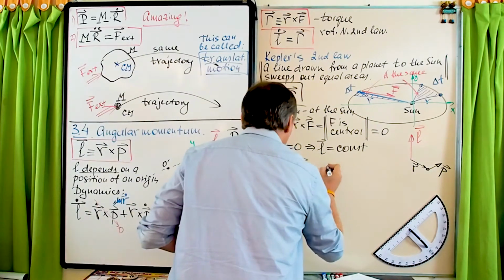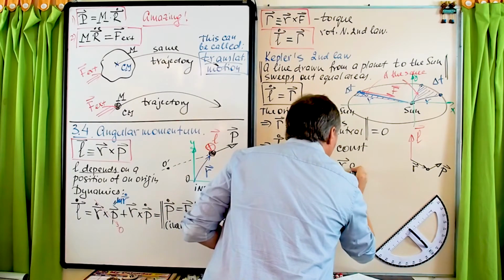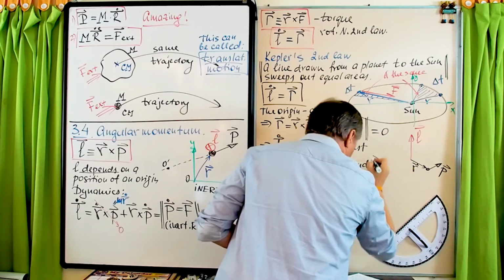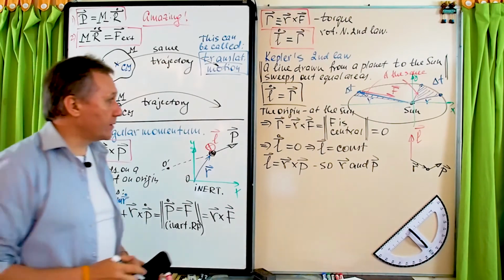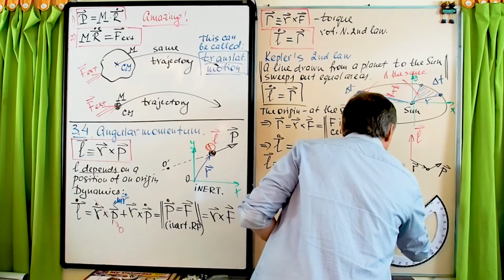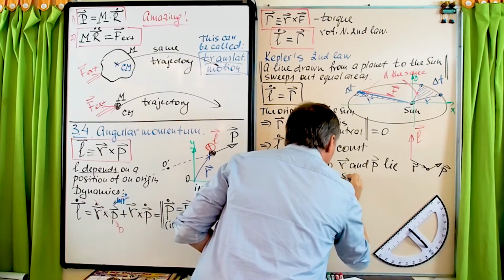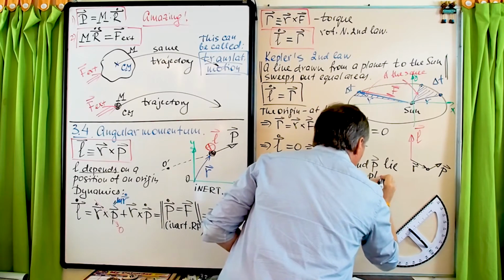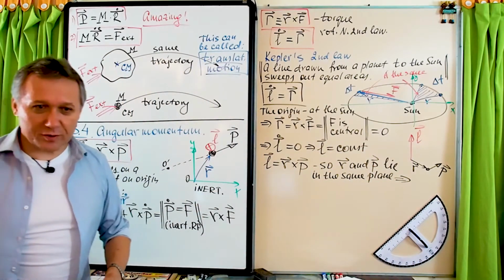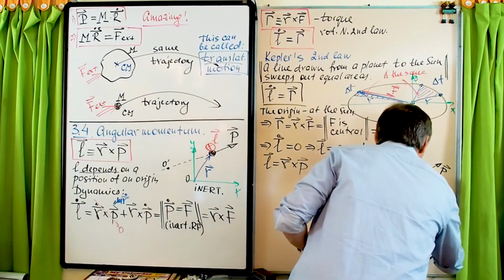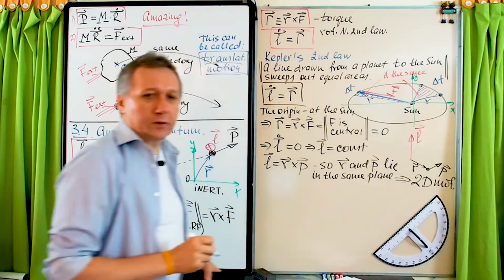So R and P lie in the same plane. So it means that it's a two-dimensional motion. So we have 2D motion, two-dimensional motion.